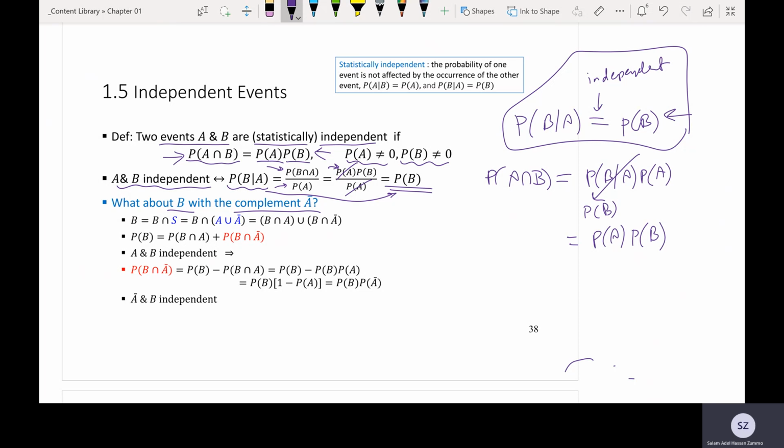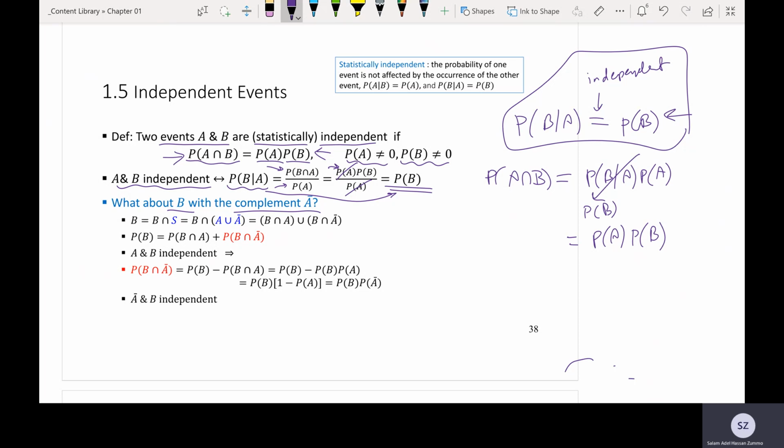If B and A are independent, they have no relationship. So what about B and the complement of A? If A happens, B doesn't change. What if A doesn't happen? That is the complement: the complement of A means A doesn't happen. If A doesn't happen, will anything change on B? Always think about the physics of the problem, not only the math.